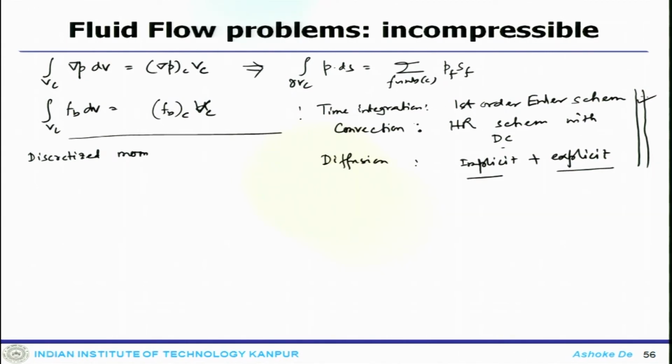So, we discussed this separately, and now we will put things together for the momentum equation, which will look like ACV Vc plus summation over NBC AFV Vf equals BCV.